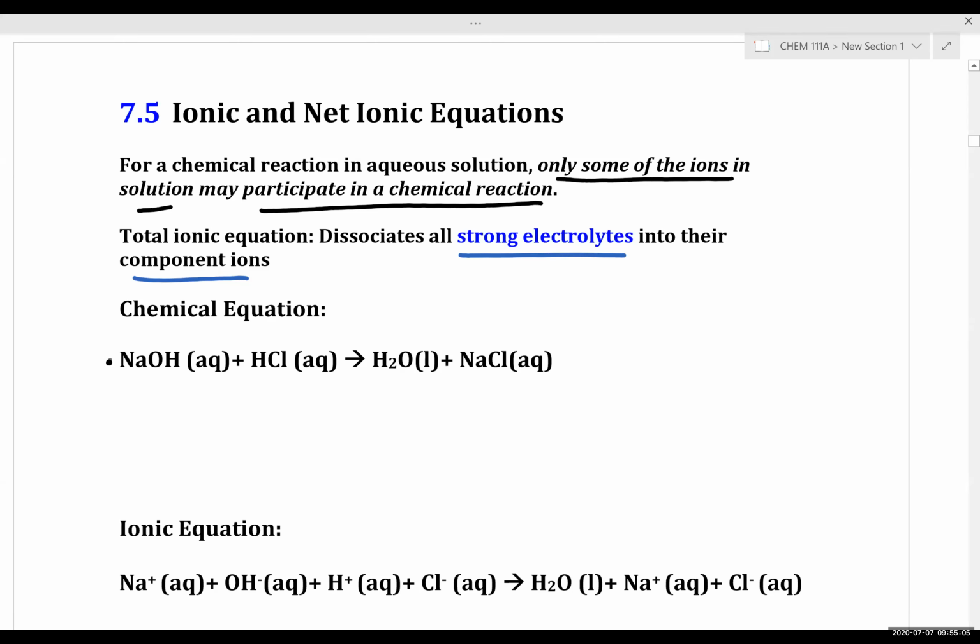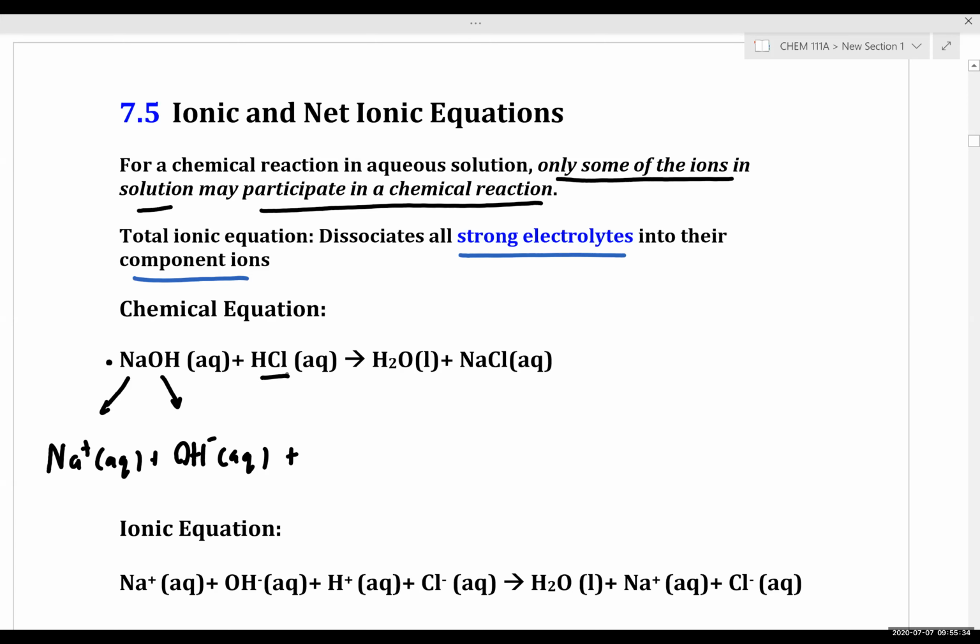Sodium hydroxide, is that a strong, weak, or non-electrolyte? It's a strong electrolyte, so we break it down into its component ions of Na+ aqueous and OH- aqueous.